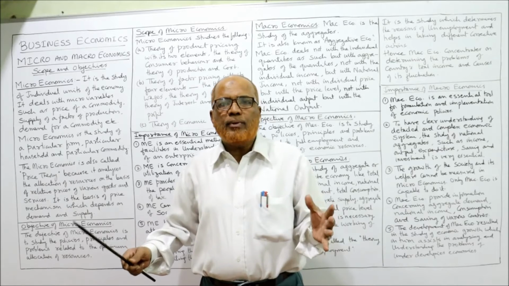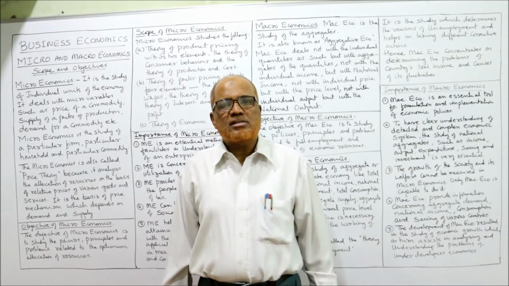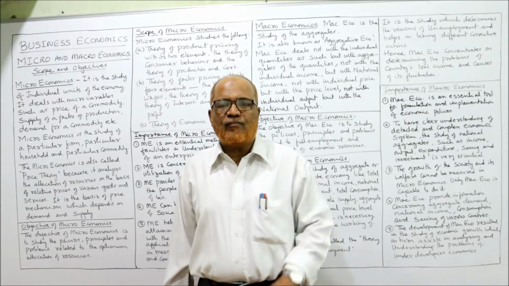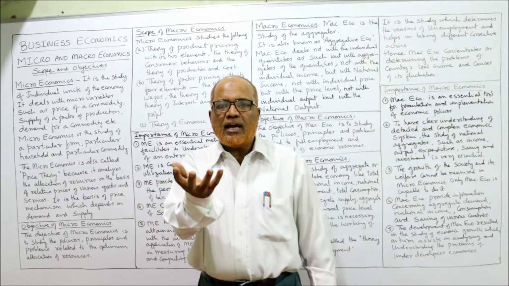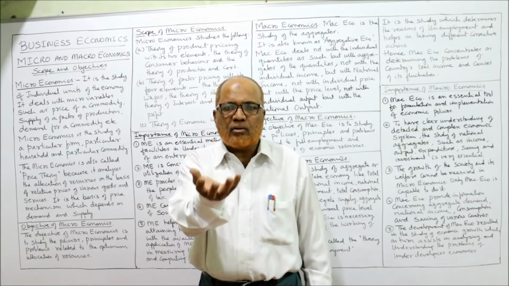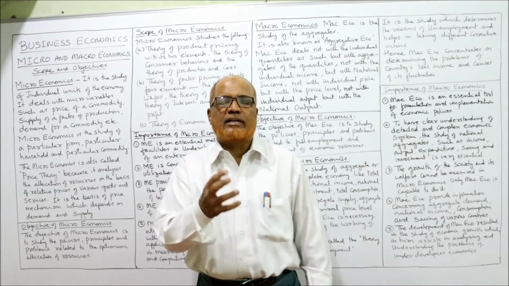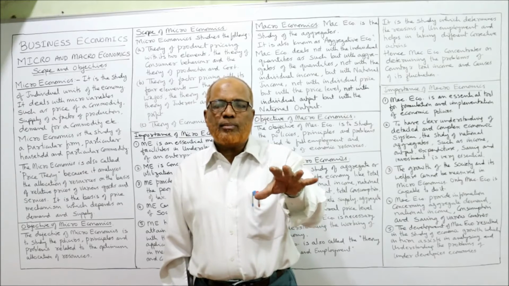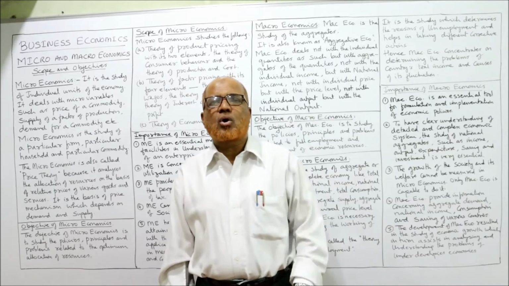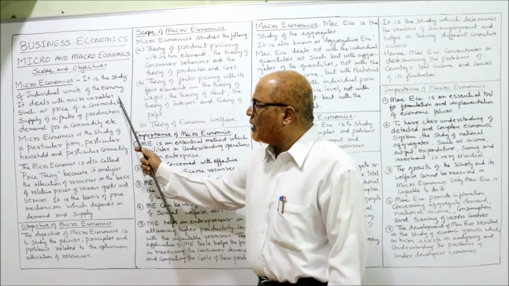In the whole economy, so many individual units are there, like companies or firms. So when we study a particular company or a particular firm, the study of the economics of a particular unit is called microeconomics.